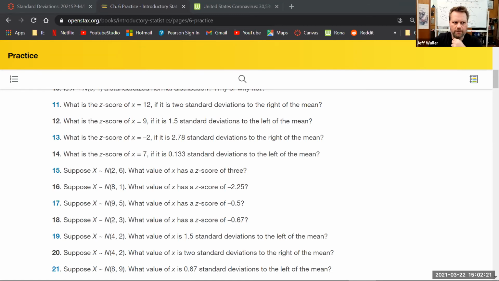For a z-score distribution, do you remember what the mean is always going to be? What do we always put right in the middle for z-scores for the mean? 0. I like it. So if it's to the left of the mean, will it be positive or negative? Negative. That's all that means. Left means negative, right means positive. So the z-score sign just tells you if you're below or above average.